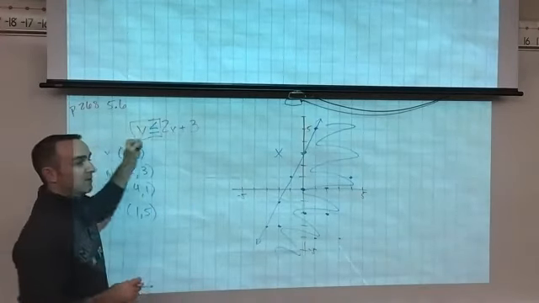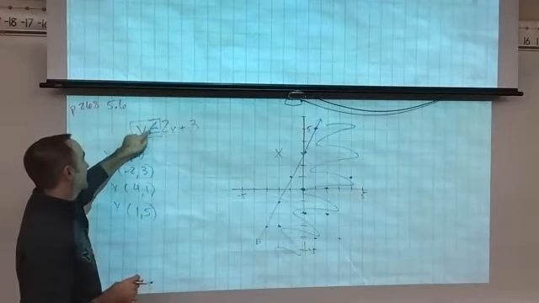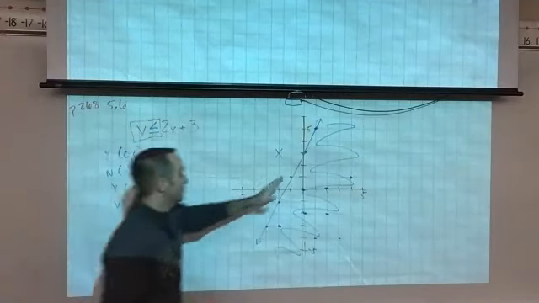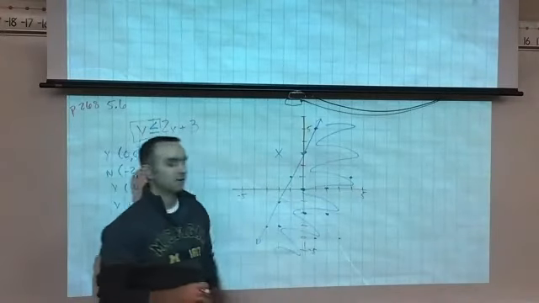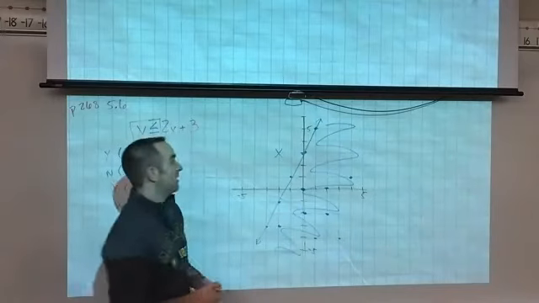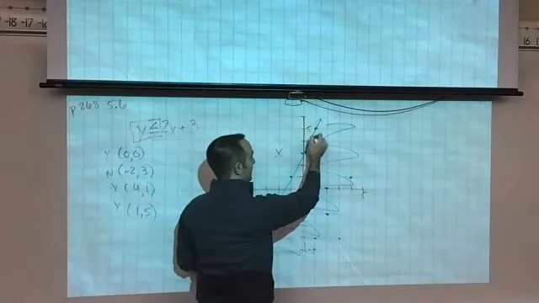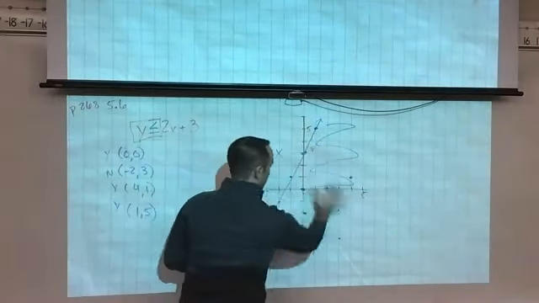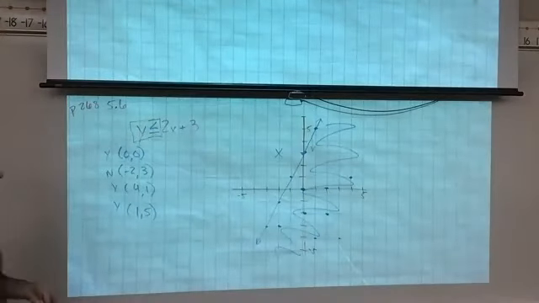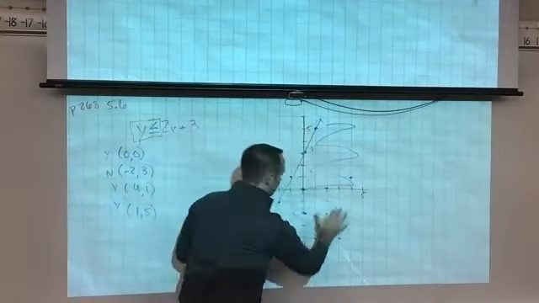This is where our points are going to be located. If y is less than something, then our solutions are going to be under our line. You pick any point on the line and go down, that's where you're shading. So if y is less than, we're shading underneath the line.